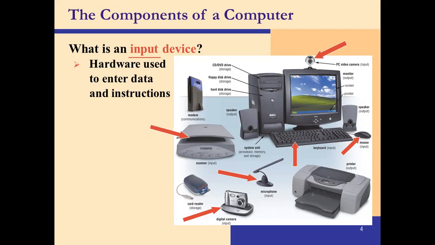These instructions come from the mouse. A scanner takes a copy of your documents and saves a picture inside your computer's hard drive. A microphone takes your voice as input in the form of digital waves and then sends it to the other person. So the digital camera and these are the input devices.